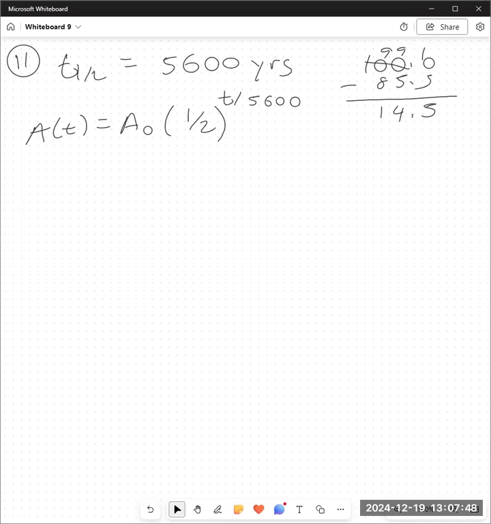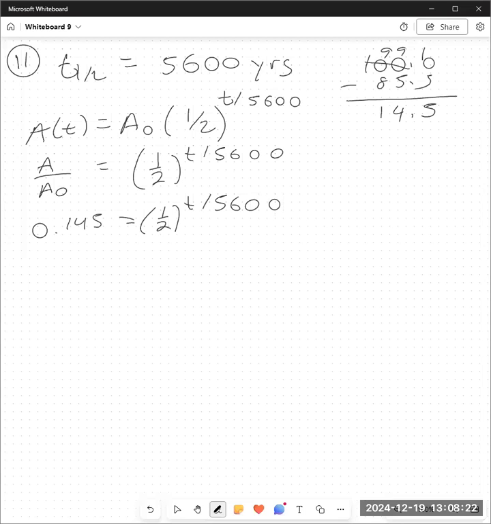And so now let's try to find out if I want A divided by A naught. That's going to be my percentage that's going to be remaining. So that's going to be 14.5%, which is 0.145. It's going to be equal to 1/2 to the T divided by 5,600.